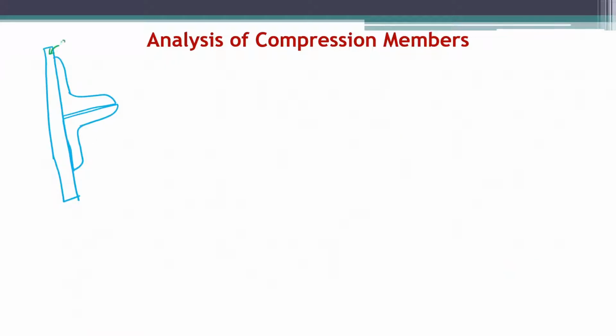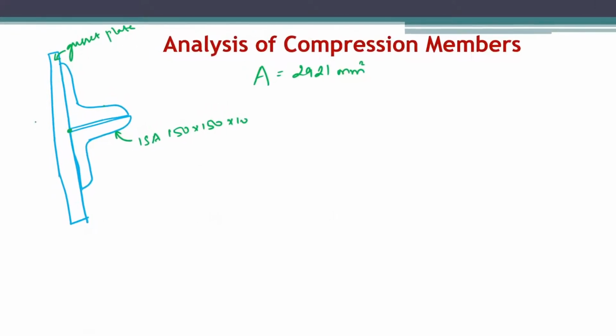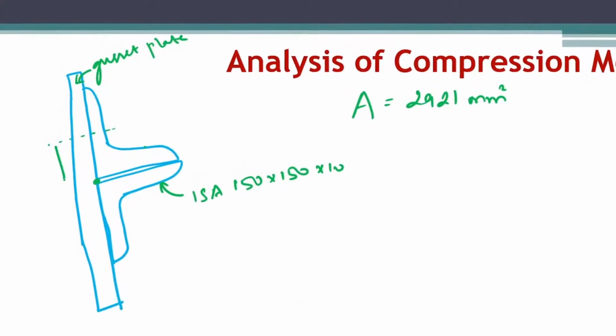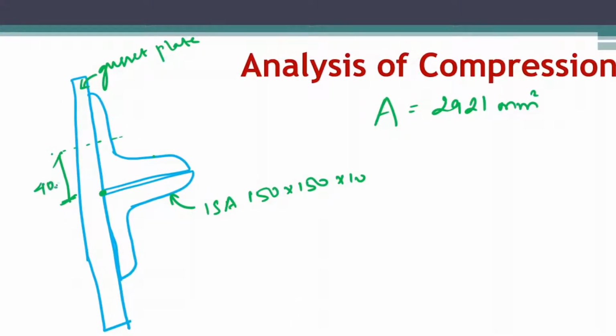Okay, this is the gusset plate, and this angle is ISA 150 by 150 by 10. Area of the angle is 2921 mm square. And from this corner, the CG of the member lies at a distance of 40.8 mm. So on both sides, the axis lies at a distance of 40.8 mm.